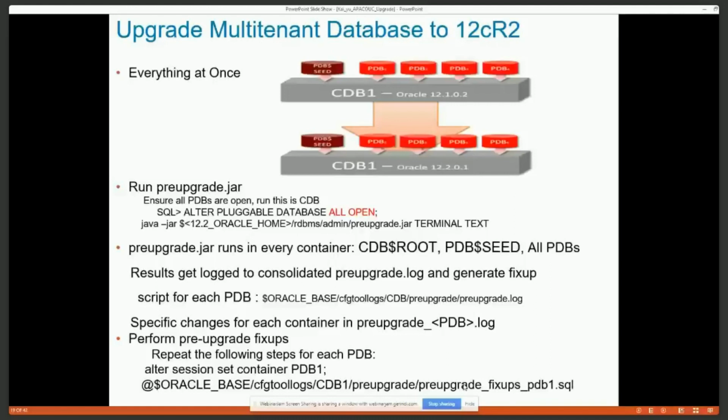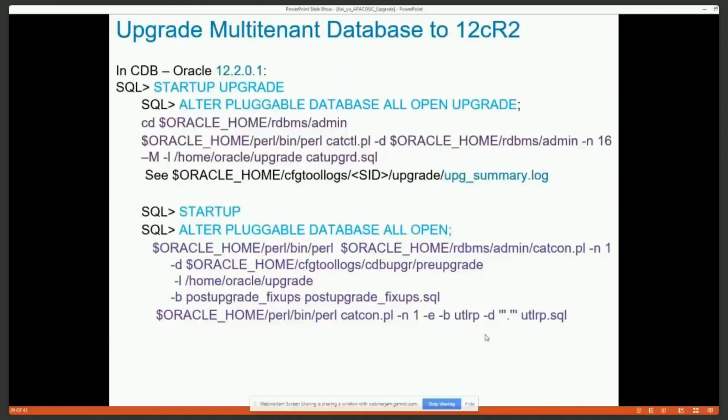Once you finish that, then you can come to 12.2 and start. You open all the pluggable databases, then do the manual upgrade. Remember, we just mentioned that this is the parallel upgrade tool, with -n 16.